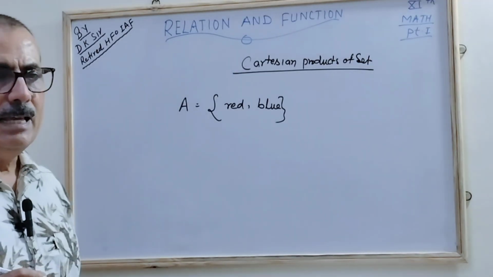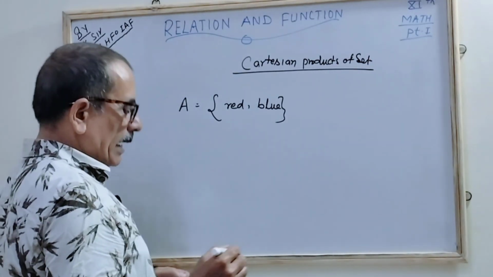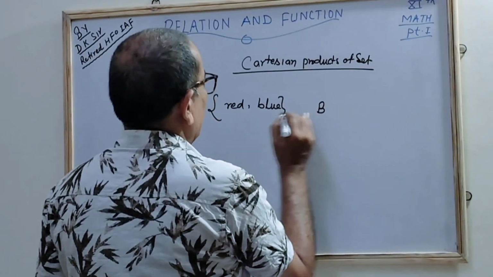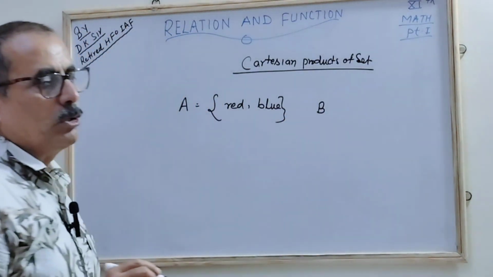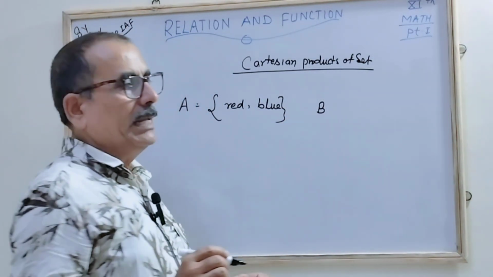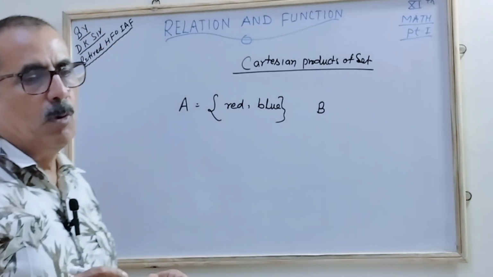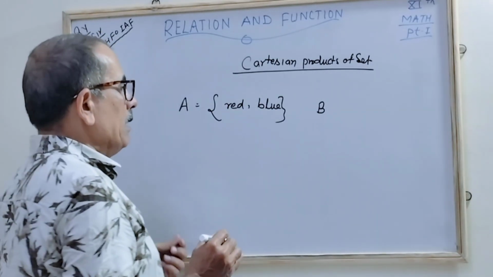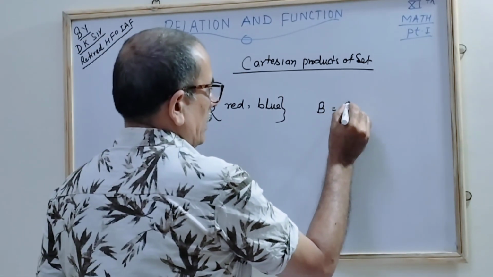The set A has got two colors, red and blue, and we have another set. Remember, any set you write, you should write in a capital letter. The elements can be in small letters if it is a counting number, correct? So B is another set.